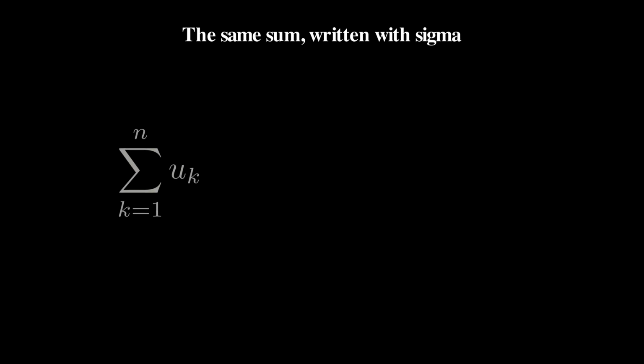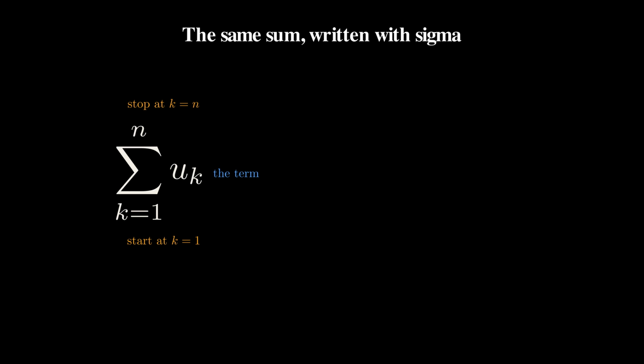You'll see this sum written in shorthand with the Greek capital sigma. Don't let it scare you. It's just an instruction to add. The number at the bottom says where to start. The one on top says where to stop. And the expression in the middle is the term you plug each value into.